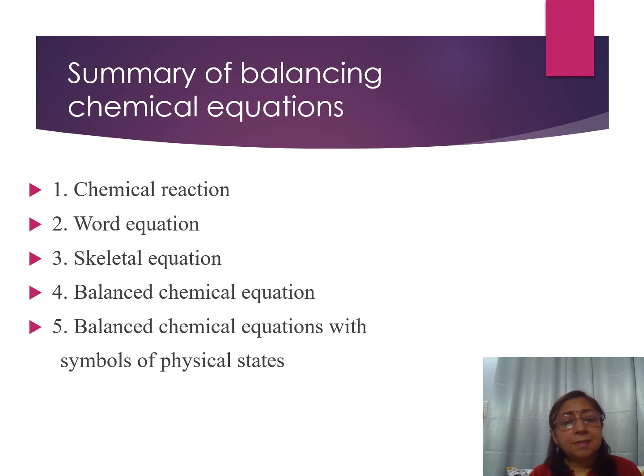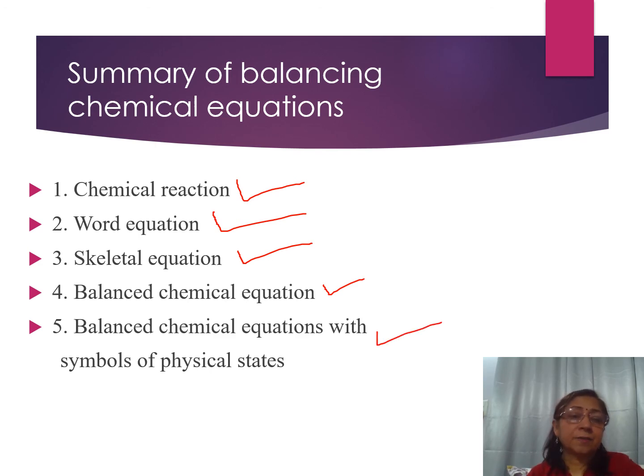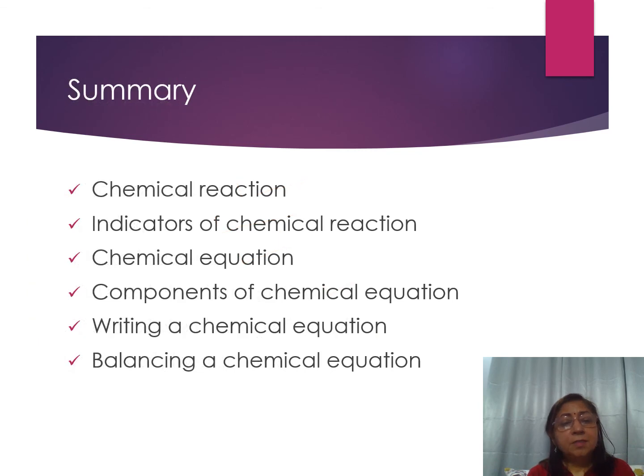We can summarize that while balancing a chemical equation, first we write the chemical reaction in a sentence, then in word form, then the skeletal equation, after that the balanced chemical equation, and then with symbols of physical states. So in this presentation we have learned what a chemical reaction is, a reaction in which a chemical change occurs. Then what are the indicators of a chemical reaction?